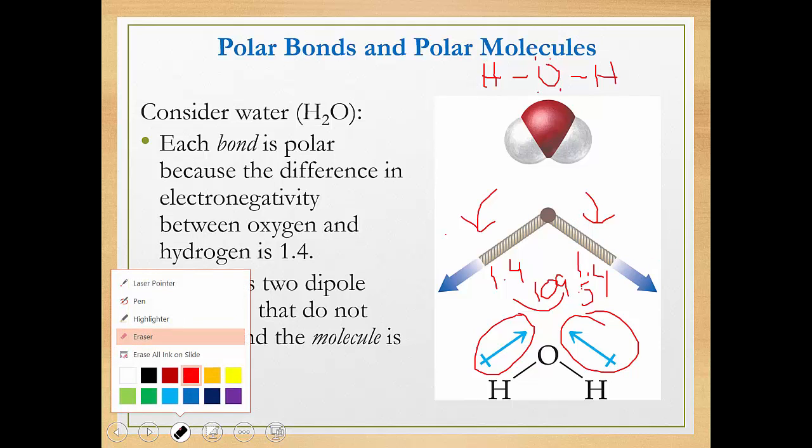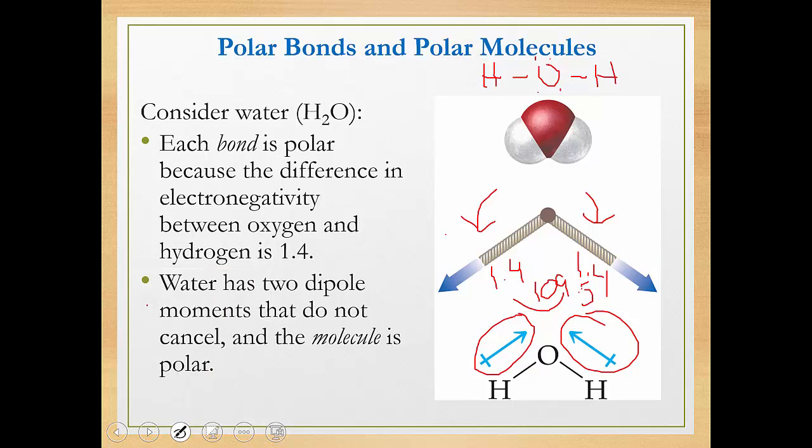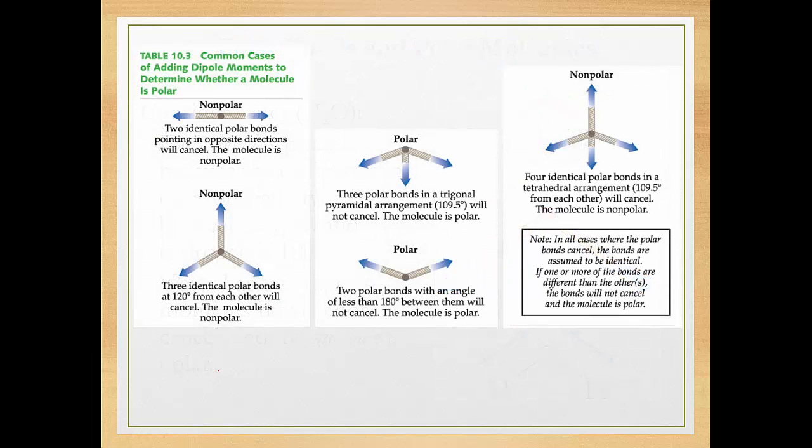All right, now we are looking at the two vectors that are shown here. So the negative is toward the oxygen, the positive down toward the hydrogen. There's a net pull. If I add these two vectors together, I'm going to get a net movement in this direction. So this becomes a polar molecule. They don't cancel each other.